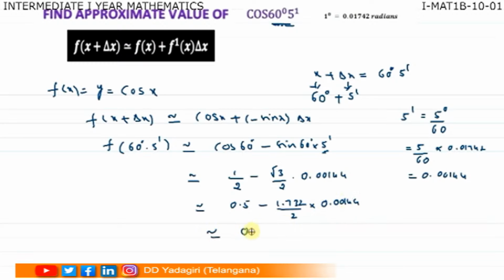Approximately equal to 0.5 minus 0.866 on simplification into 0.00144, on multiplication of these two the value is 0.00124, and finally our answer is 0.4987.